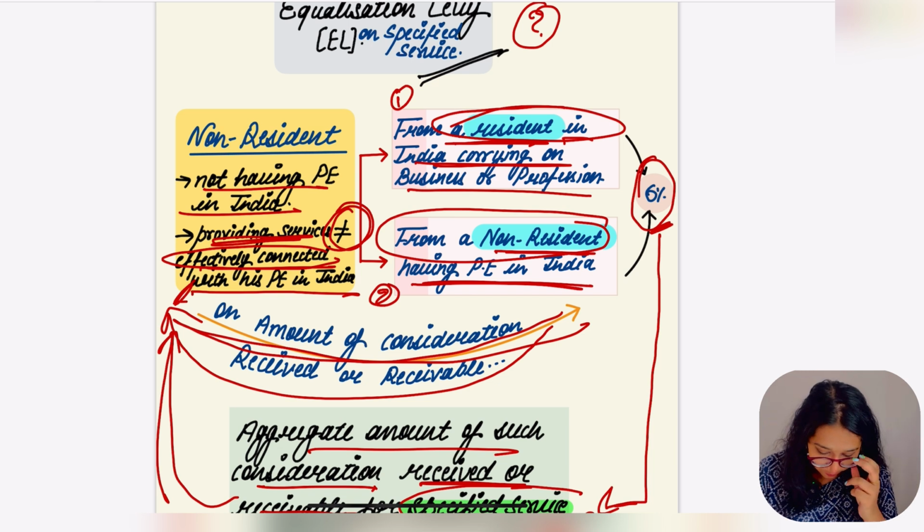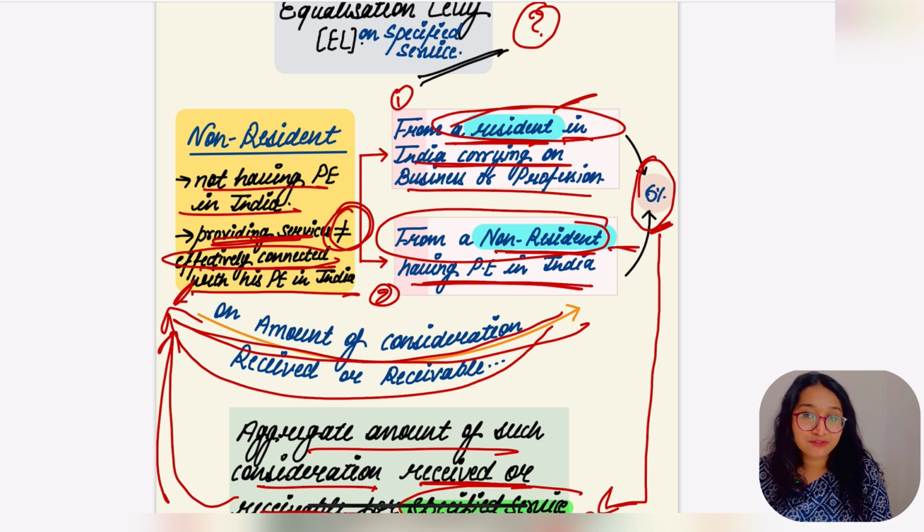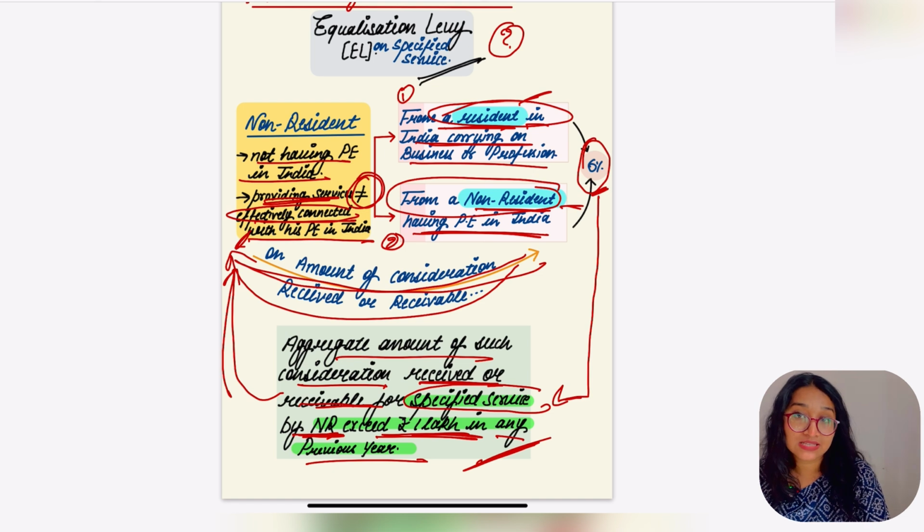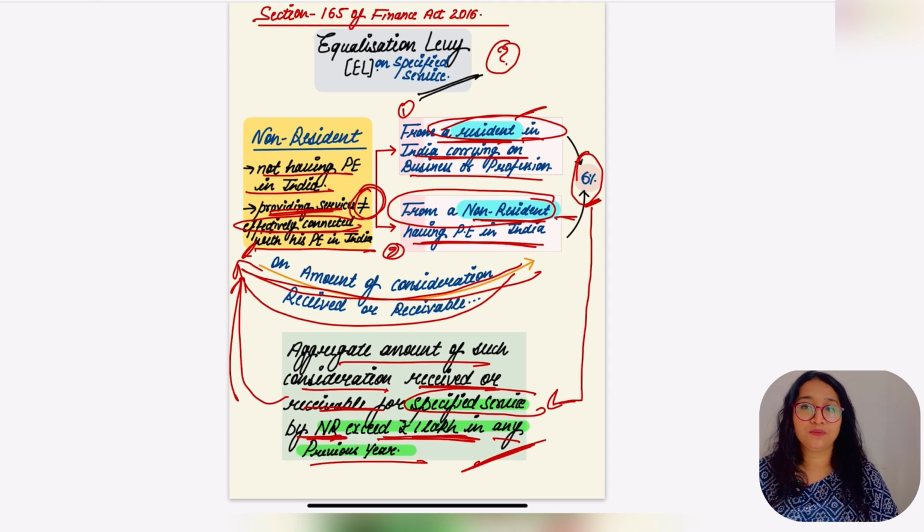For example, if the transaction is done in August, then before 7th of September, the resident in India who is carrying on business or profession, or the non-resident who is having a PE in India, has to deposit. And what if the specified service consideration received by the NR is not exceeding 1 lakh rupees? In that case, equalization levy is not going to be imposed.